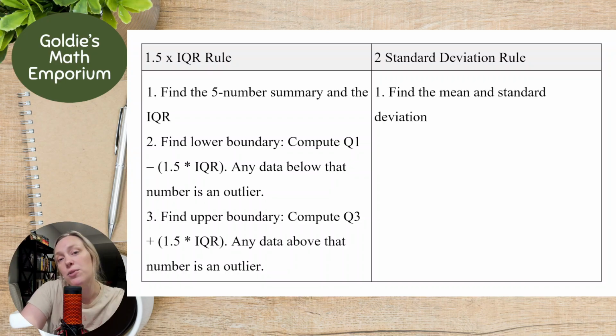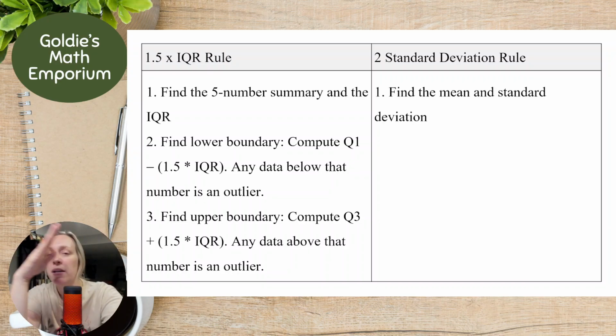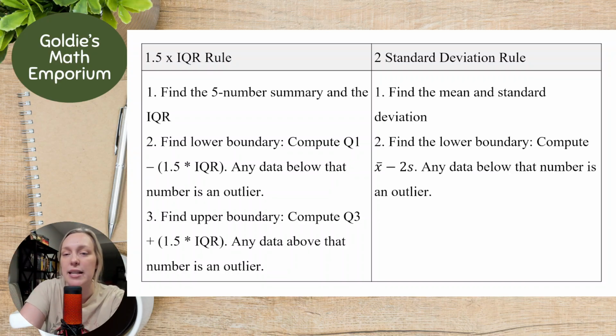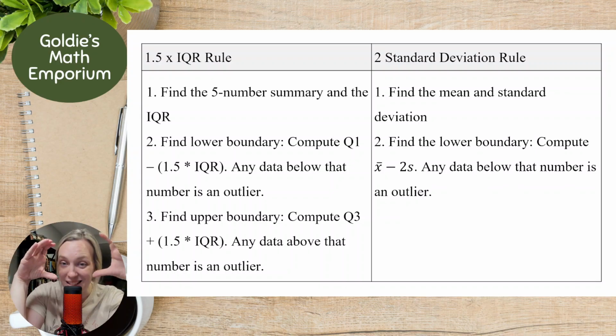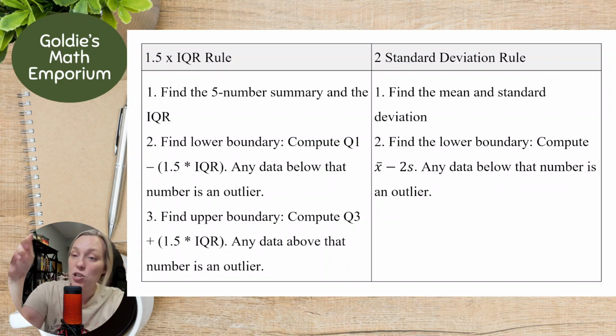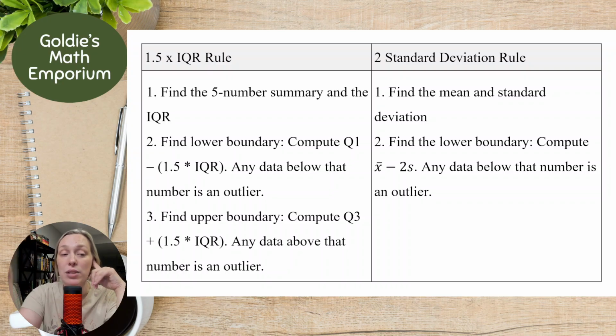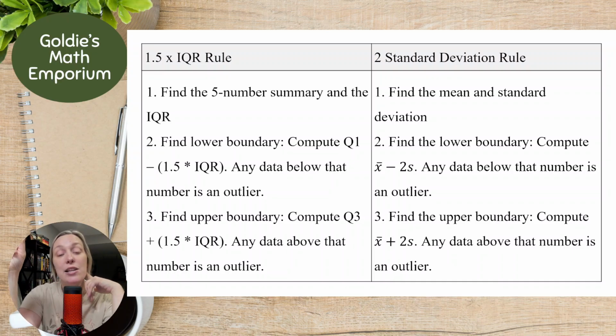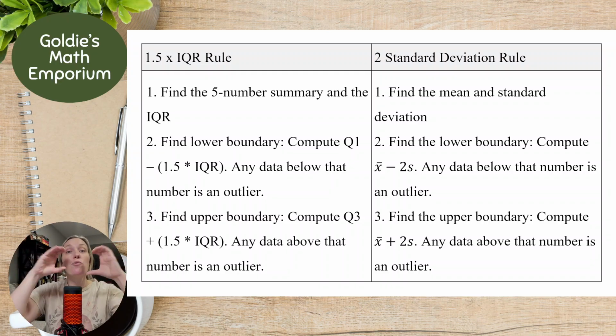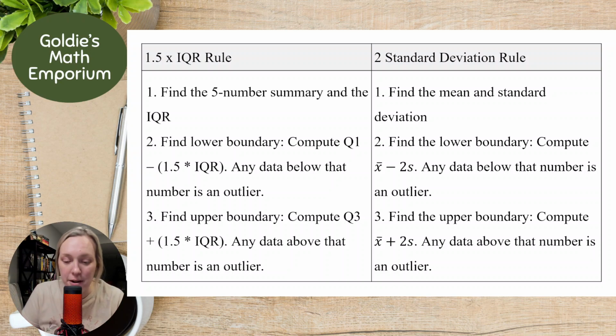Same idea with the 2 standard deviations rule. We find the mean and we find the standard deviation of a data set, and then we find boundaries. With the mean and standard deviation, the lower boundary is your mean minus 2 times your standard deviation. And your upper boundary is your mean plus 2 times your standard deviation. So for both of these rules, we're finding boundaries, drawing boundary lines and saying anything outside of these boundary lines is an outlier.